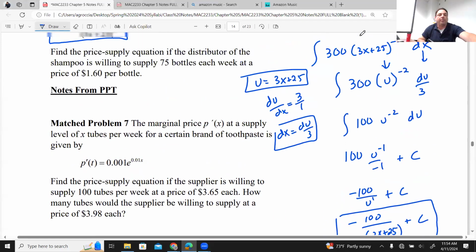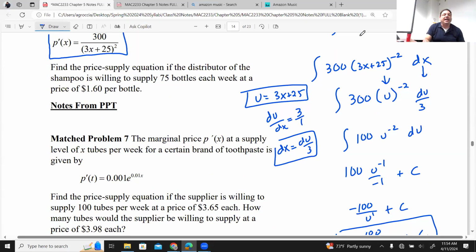So part of the problem is that they told us 75 bottles, which is x, has a price of 160. So they gave me information about price. And the reason why they have to give me information about price is so I can figure out what c is. So again, in the problem, x is 75, p is $1.60.